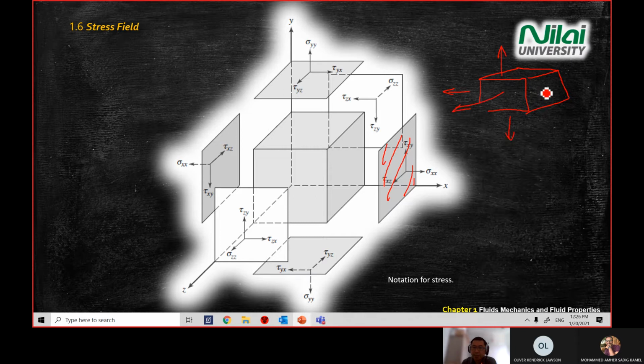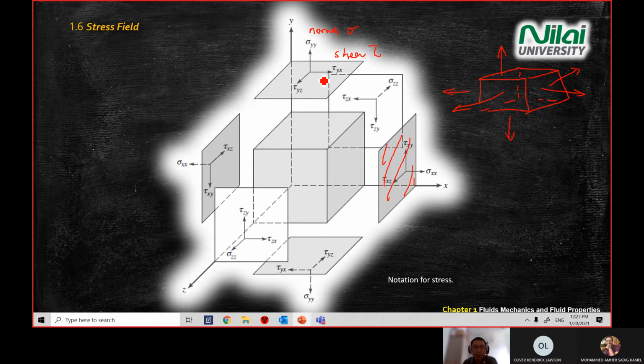Imagine you have 6 faces, each face having a force acting outward. Each one will give you a value of shear stress and normal stress. This is a normal stress, and this is a shear stress. Normal is by this symbol, shear stress by this symbol.